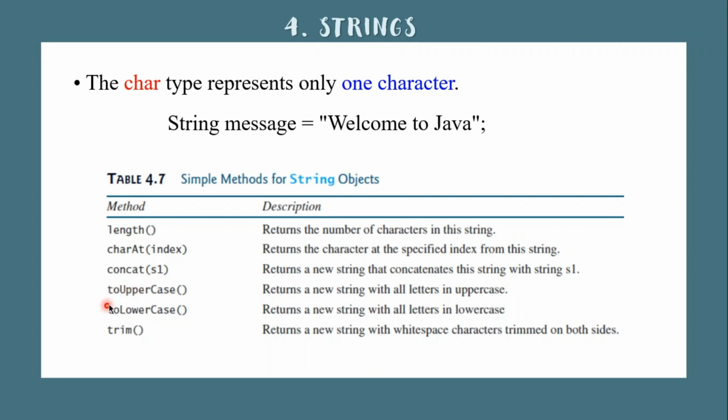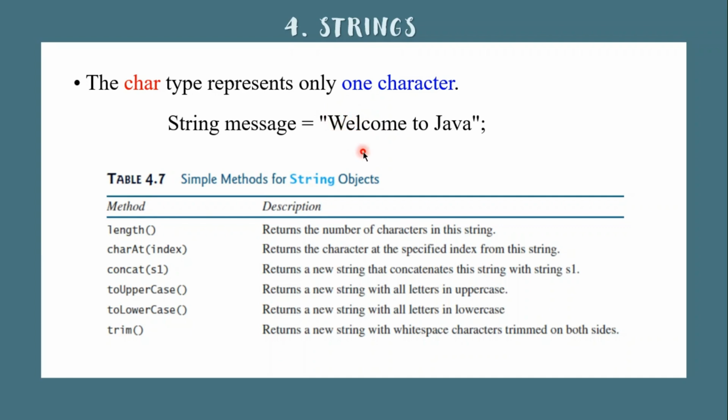Okay, then concat(s1) or any other string returns a new string that concatenates this string with string s1. Okay, this method is toUpperCase and this method also is toLowerCase. So if we have a string, let's say this one, and then I use this method, it will return all the characters as uppercase. Like for example, this W is already uppercase, so it will not change anything.